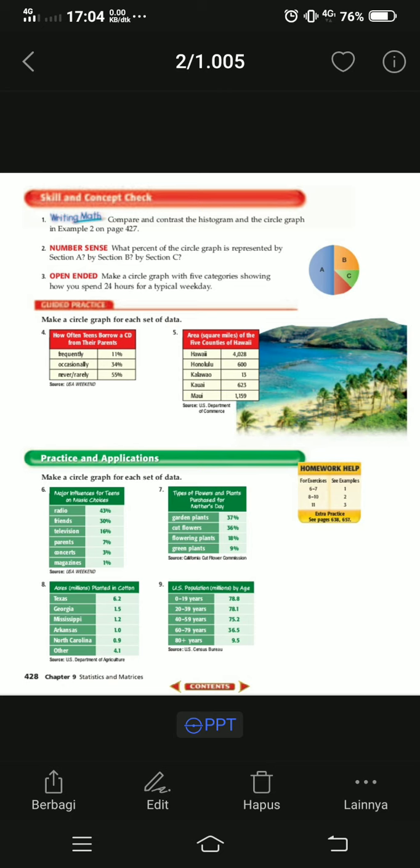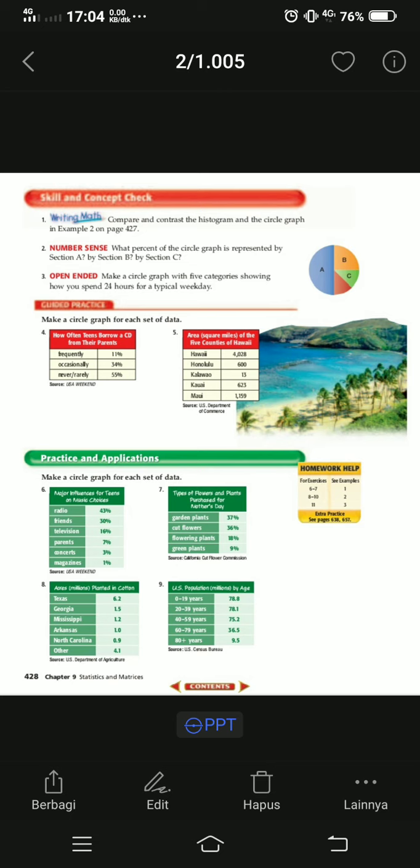The next: Skill and Concept Check. Number 1. Writing Math. Compare and contrast the histogram and the circle graph in Example 2 on page 427. Number 2. Number Sense.